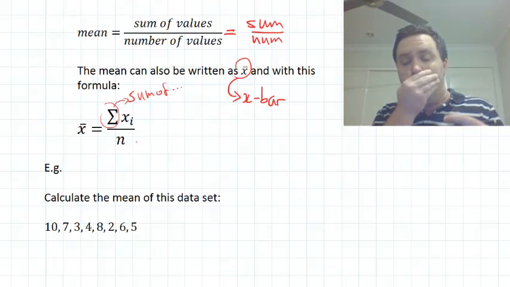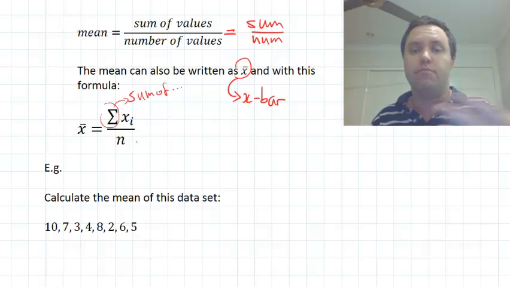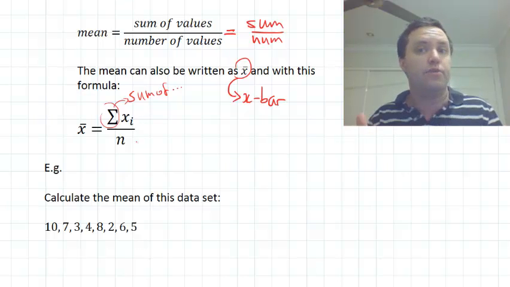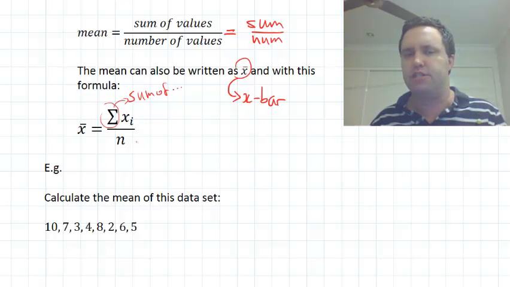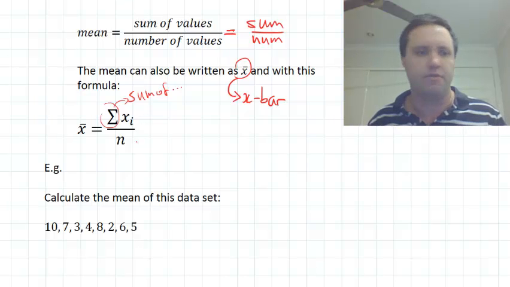If you don't get that, that's totally fine. You can stick with the word version of it, or the sum over num. That's totally okay. I just want to show you an easier, quicker way of doing it. Us mathematicians can be very lazy sometimes, and we like to find shortcuts for writing stuff, especially when we can.